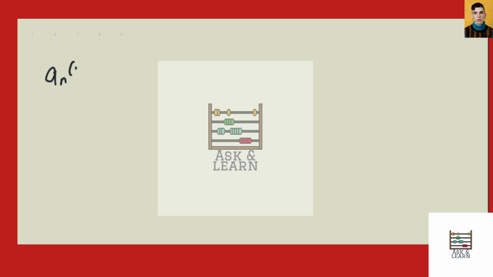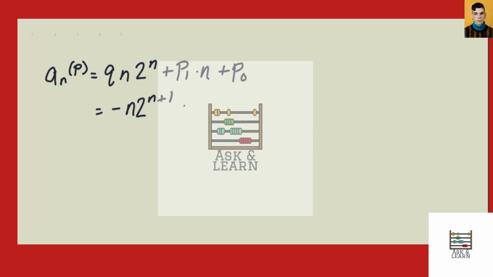So the particular solution, which was going to be q times n times 2 to the power of n plus p1 times n plus p0, then becomes negative n times 2 to the n plus 1, plus 3/2 n plus 21/4.